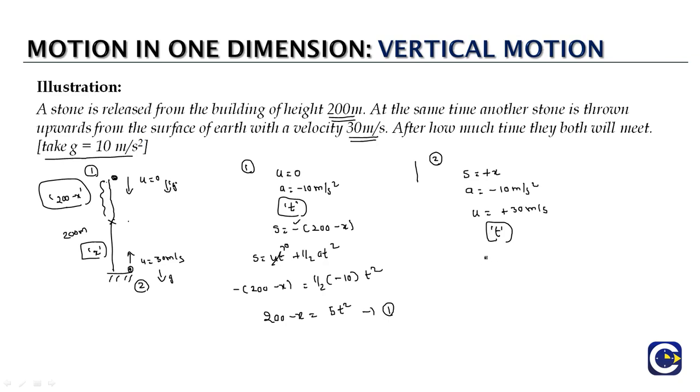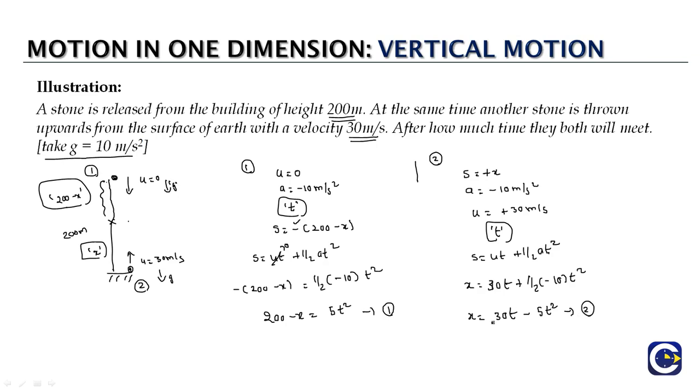Here we will use the equation s is equal to ut plus half at square. So x is equal to 30 into t, because the initial velocity is 30, plus half into minus 10 into t square, which means x will be equal to 30t minus 5t square.